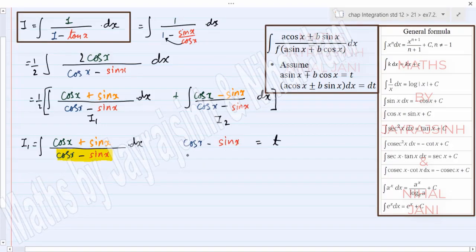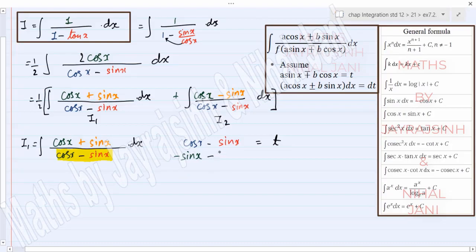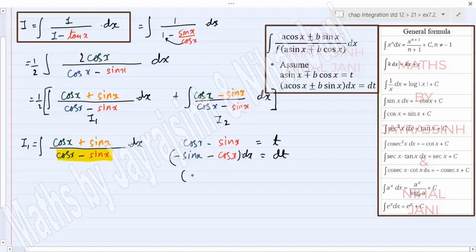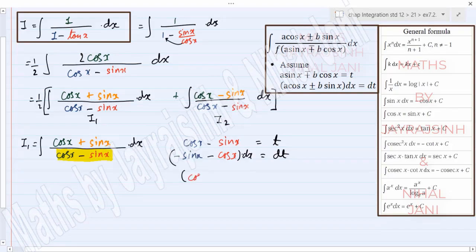If we differentiate both the sides, differentiation of cos x will be minus sin x, minus differentiation of sin x will be cos x, dx will be your dt. Let's take minus cos x plus sin x dx will become minus dt.